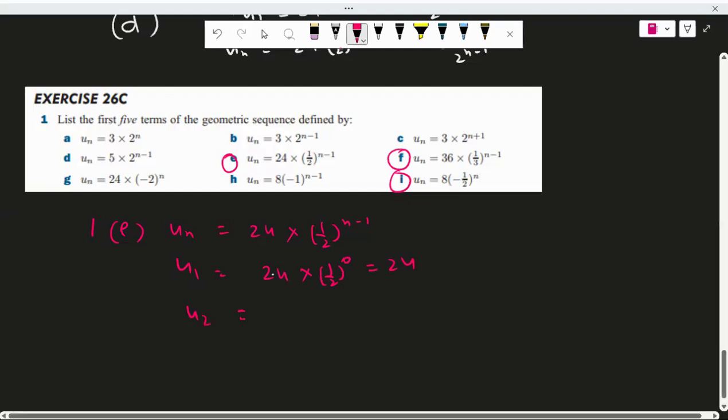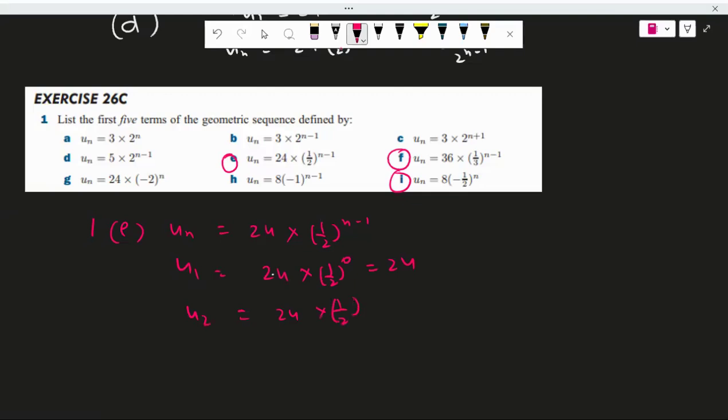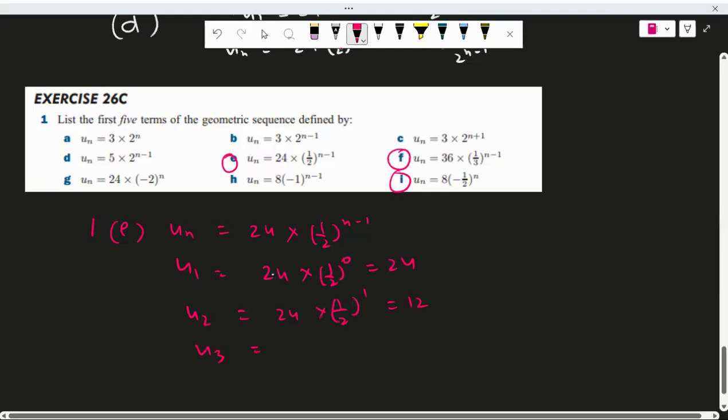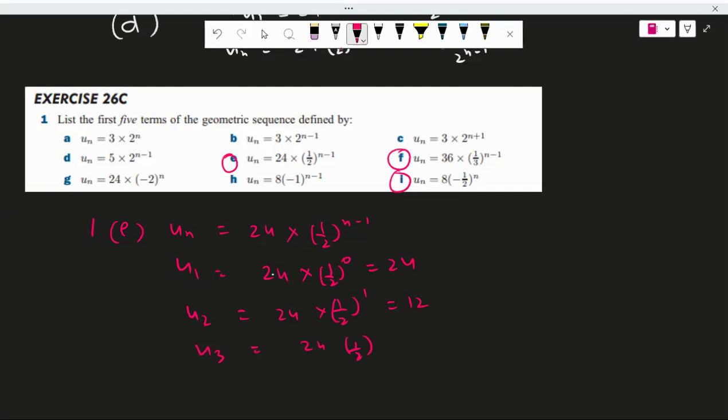U2, 24 times 1 over 2 to the power 2 minus 1, that becomes 12. U3 will be 6. So it will be 24, 12, 6, and then 3. These are the 4 terms.